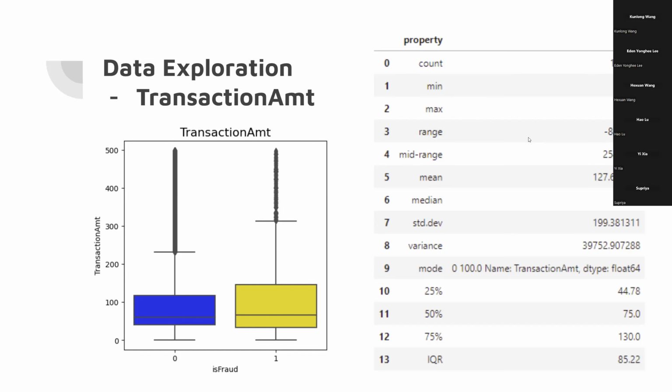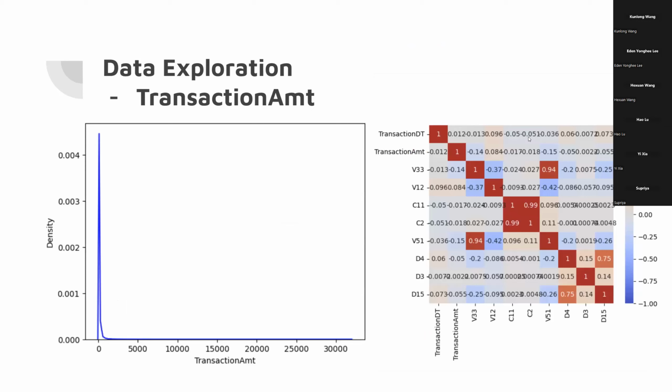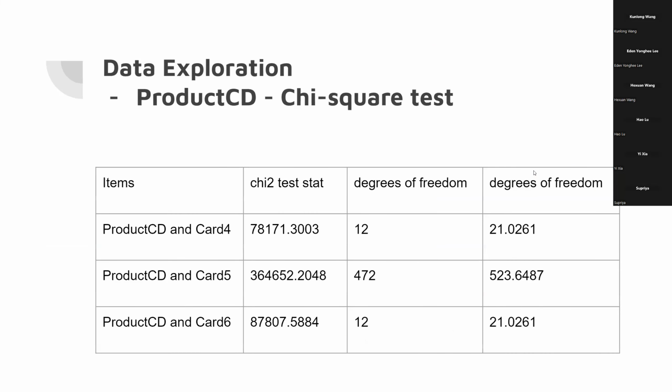Next. The transaction amount skewness is as we expect, and we can see in the heat map that the transaction amount has the highest correlation with V12. We also did the chi-square test, and the following table shows product CD and card 4, card 5, and card 6 with their degrees of freedom.